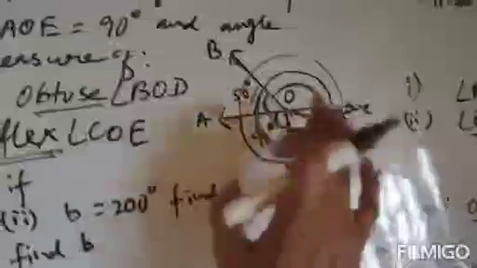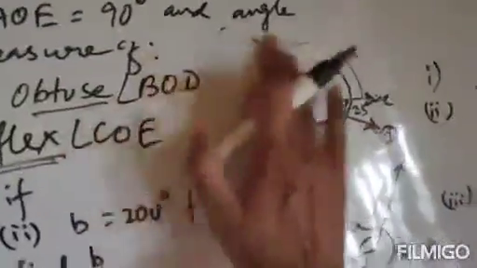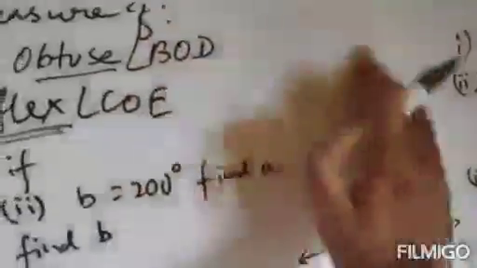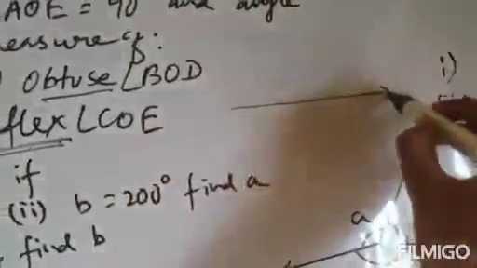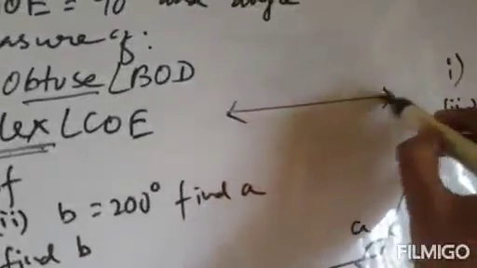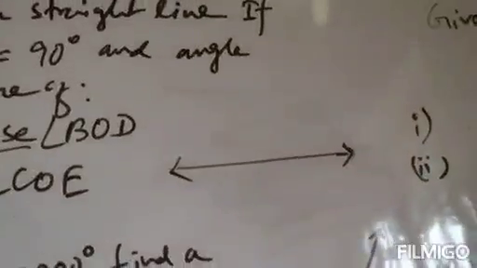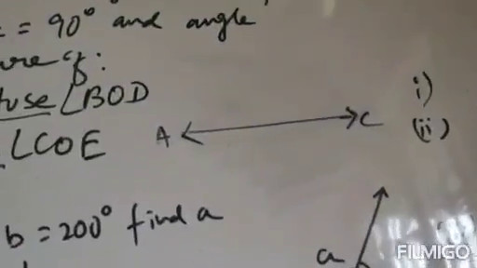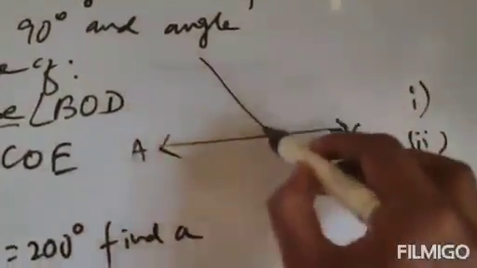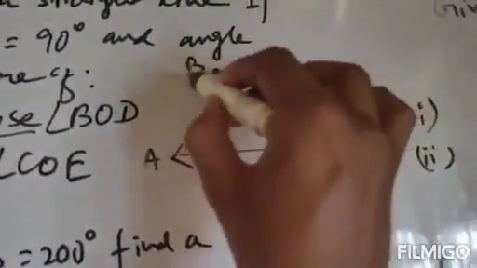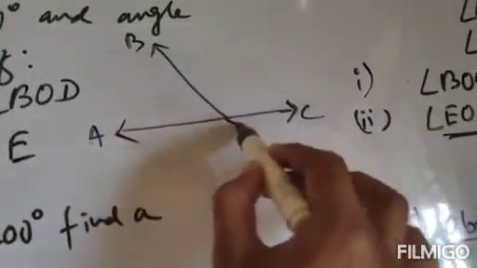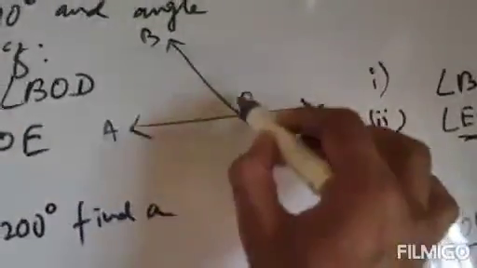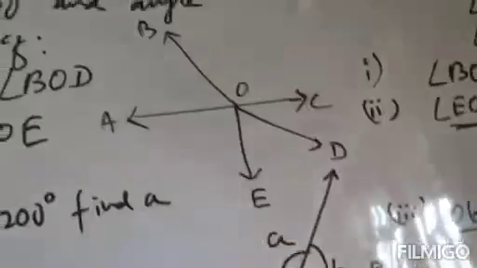I am going to draw this diagram again because there are so many lines here and you cannot understand. So the diagram was: this was A, this was C, that was B, and from there that was D. This is the O point and that is the E point.